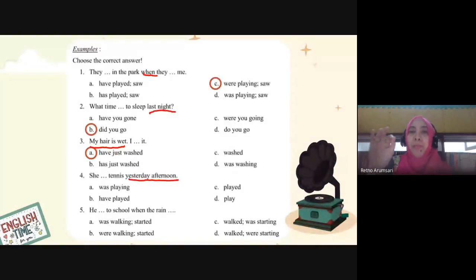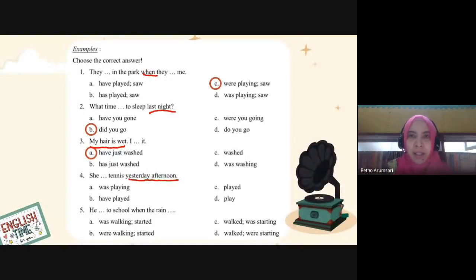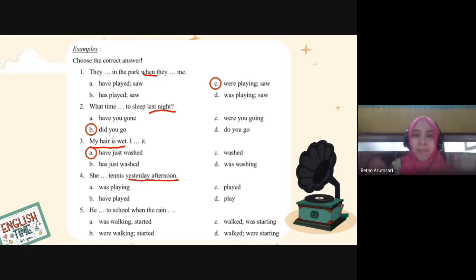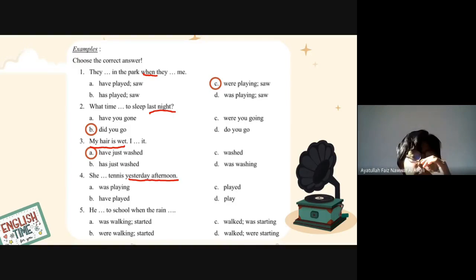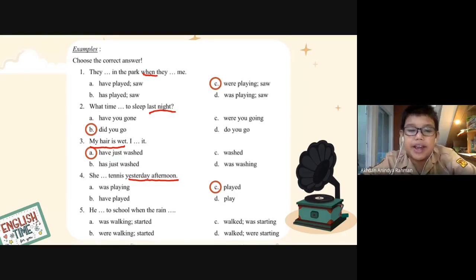Afternoon is from 12 p.m. until 6 p.m. Can you be playing tennis the whole time? No, that's too long. So it must be past simple with play. Okay, played.